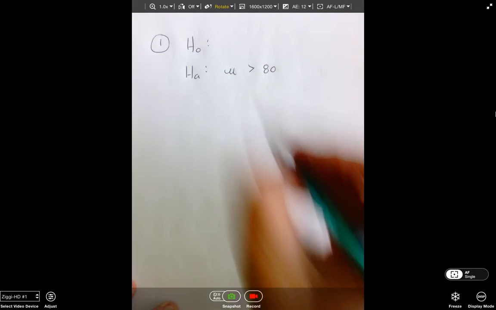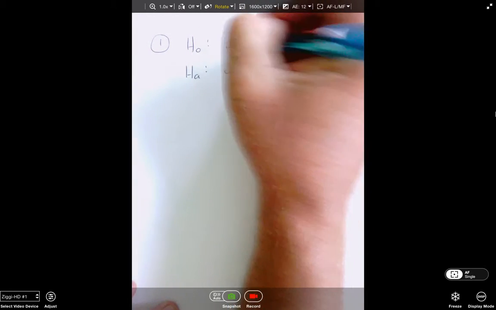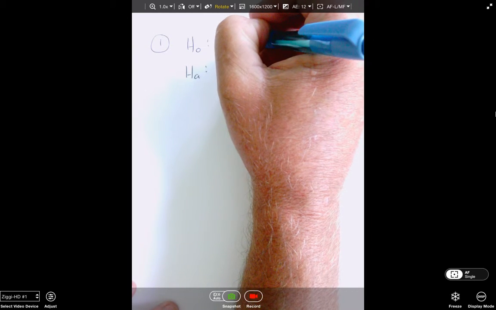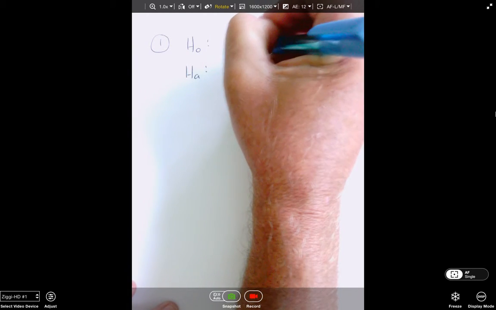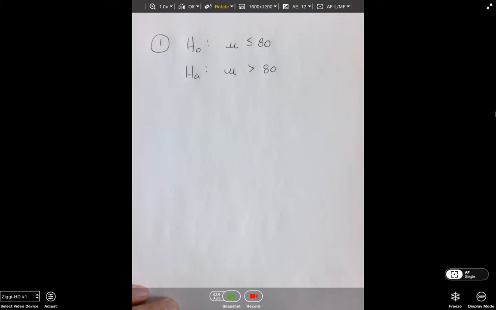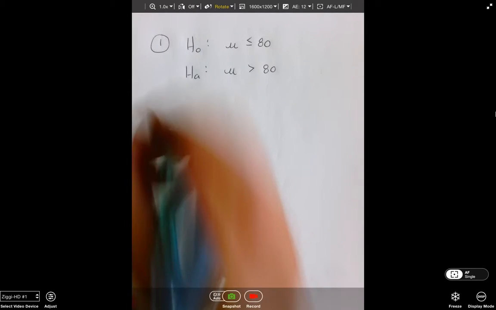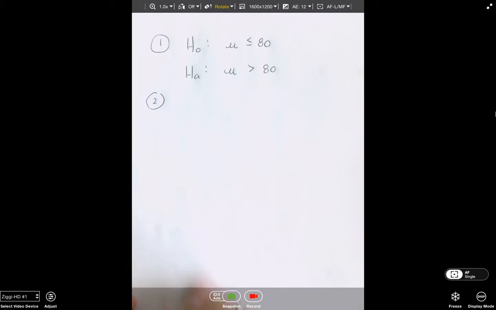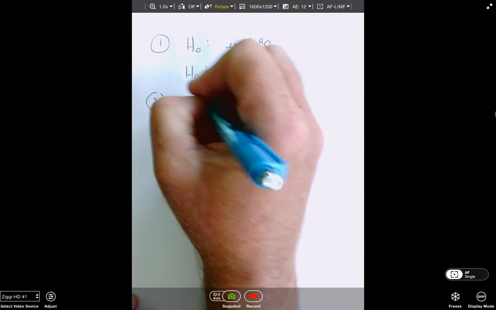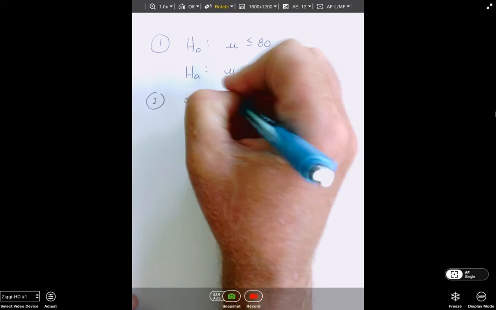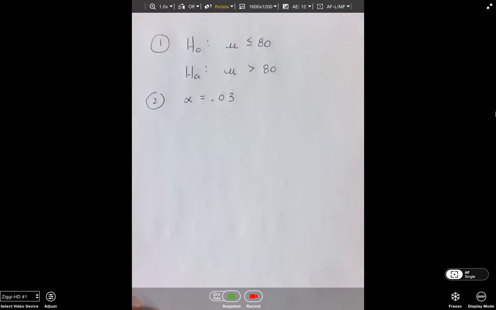Go back to your alternative hypothesis, and use the opposite with the equal in the null hypothesis. Second thing, set your alpha. I'm going to mix it up a little bit here. I'm going to use an alpha that's goofy. Alpha equal 0.03.